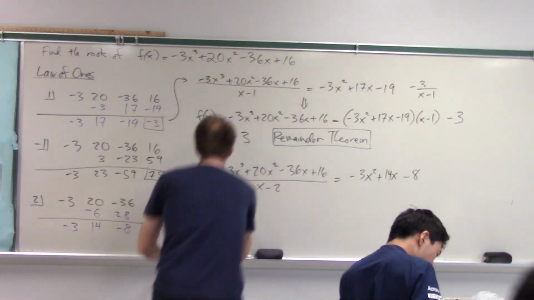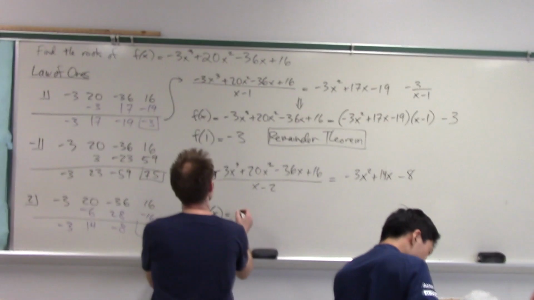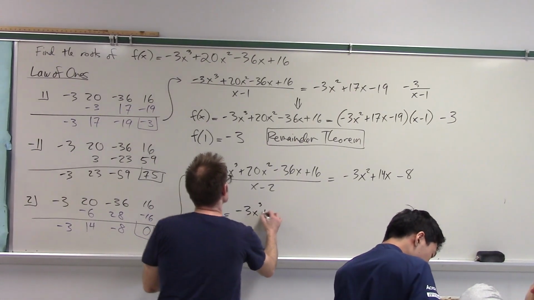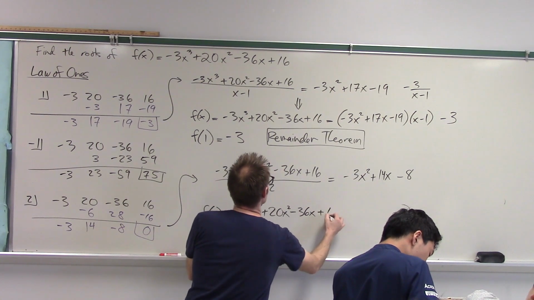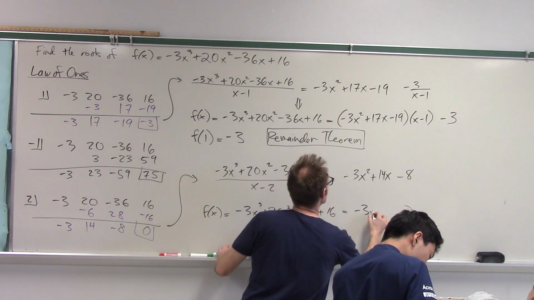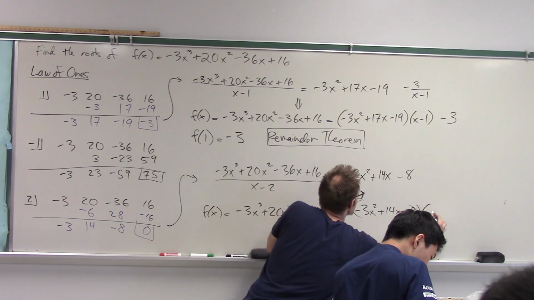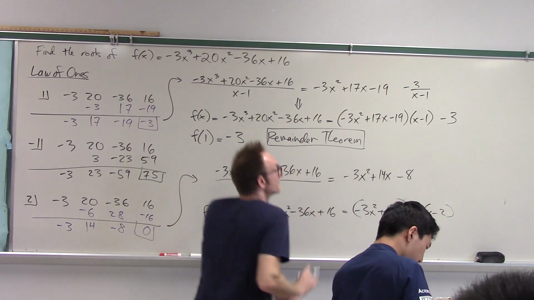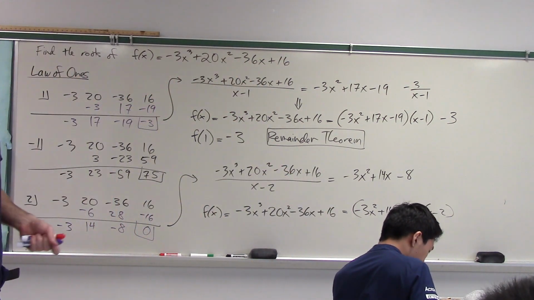Okay, and so, once again, if you multiply both sides of this equation by x minus 2, what we really just learned is that this cubic function can be expressed as negative 3x squared plus 14x minus 8 times x minus 2. In other words, x minus 2 is a factor.